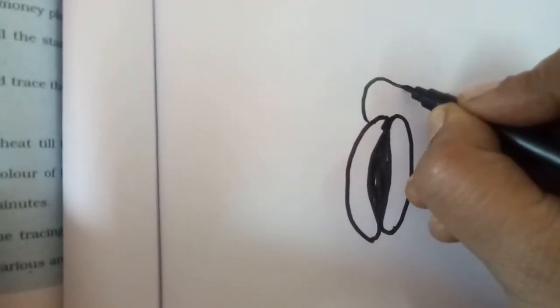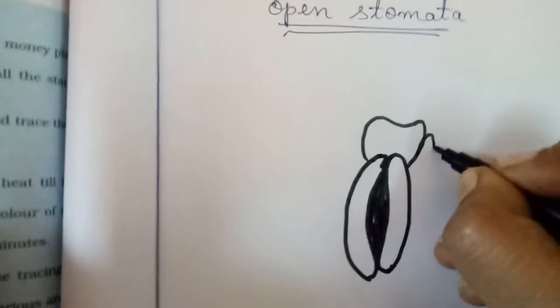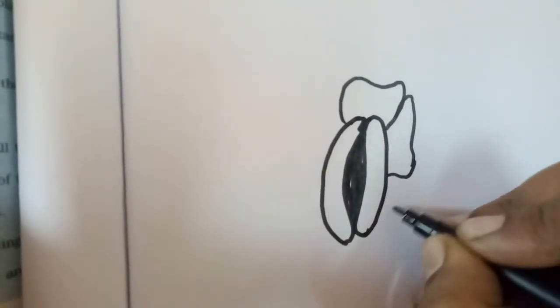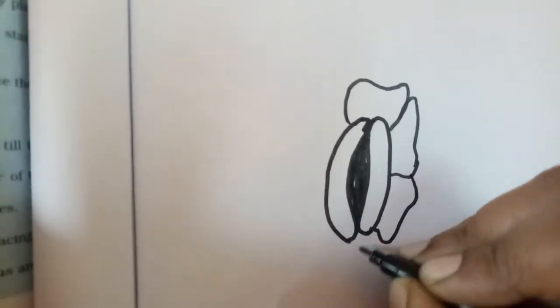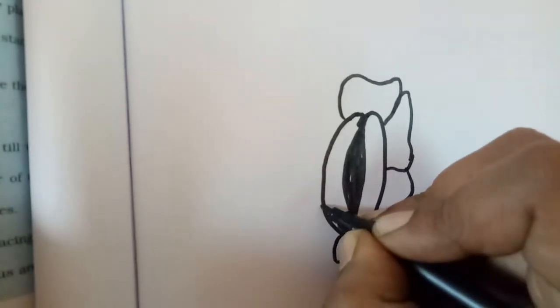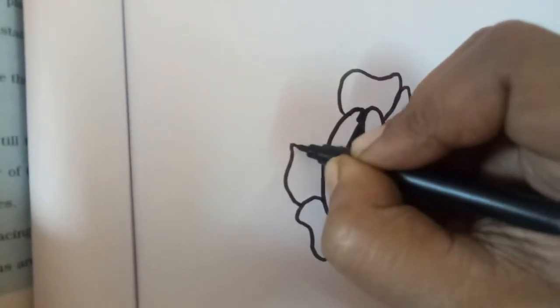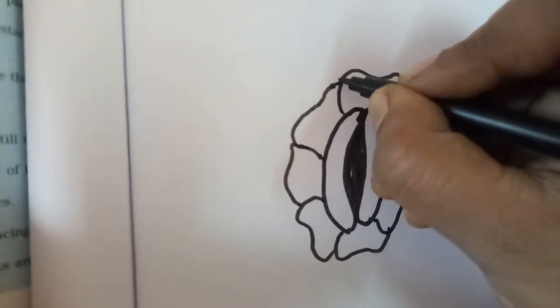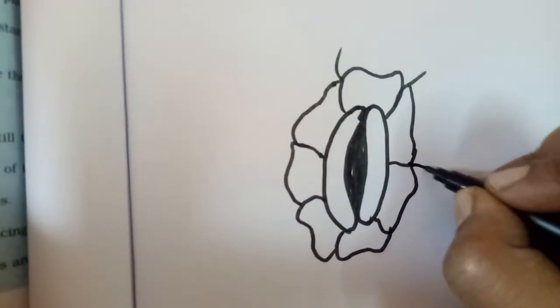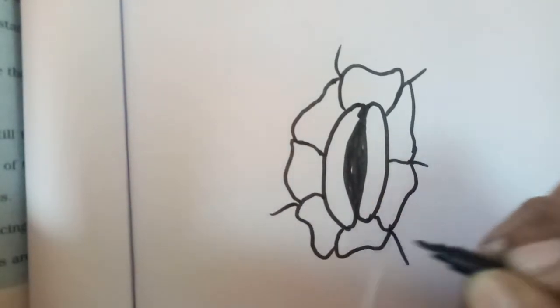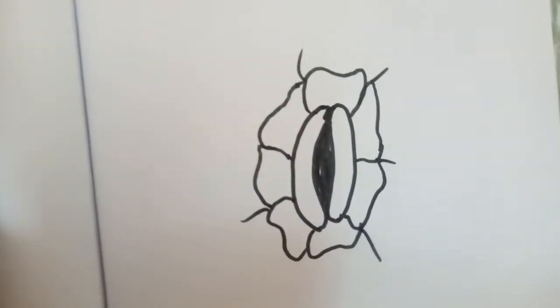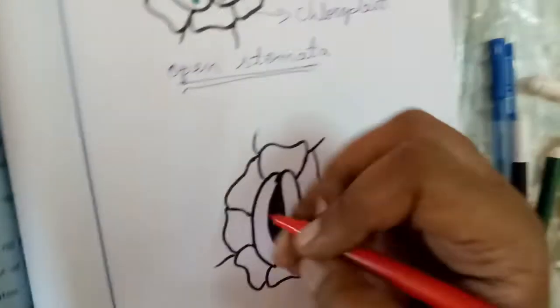And then we'll draw the subsidiary cells like this. These are the subsidiary cells. Okay, and then let us draw the nucleus.